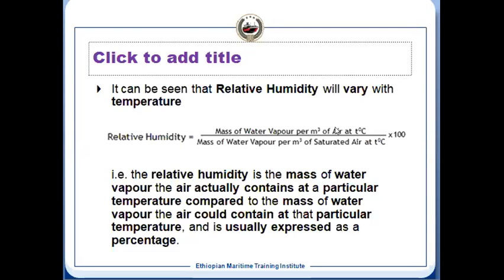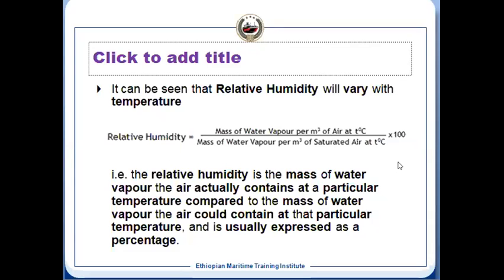Till it reaches the dew point, absolute humidity remains the same because we have not removed any mass of water vapor. But the moment we reach the dew point at that temperature, these two values will become the same. It will become 100% relative humidity.